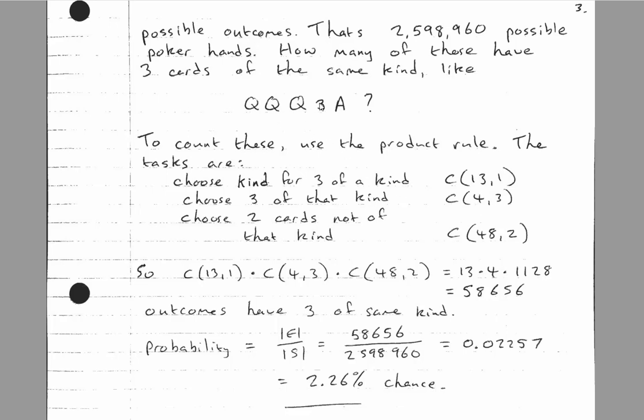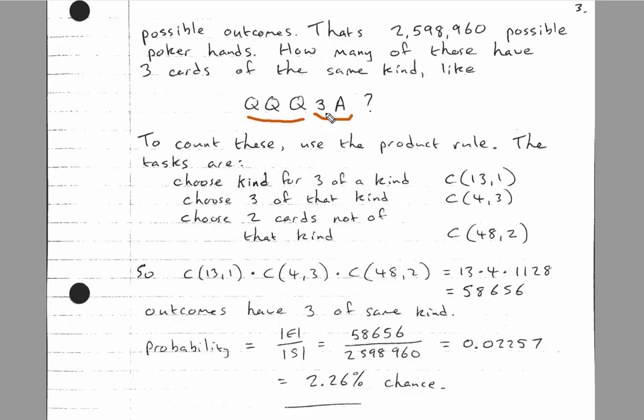So basically, you're leaving out 1 queen, and there are 4 ways to do that. So there are 4 ways to choose the 3 cards of the same kind. So we have 13 times 4, that's 52 ways to organize this piece.